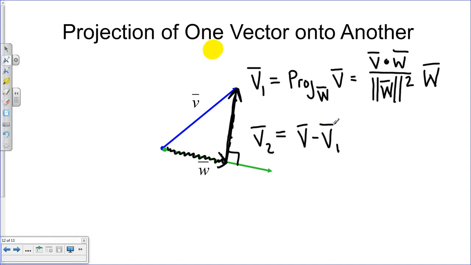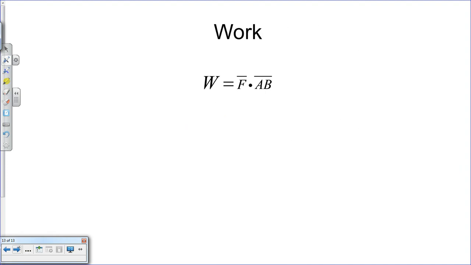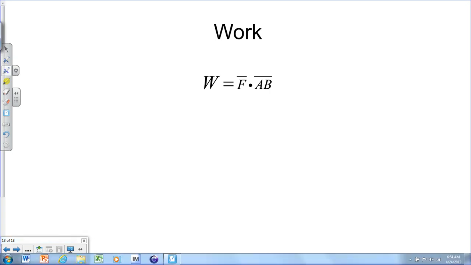Now, our last topic is work. Now, work is a concept in physics. It's a number in physics that represents changing the energy on an object. Okay? Again, this is going to feel very familiar to people in physics, but the way it fits in for us is work is a dot product. It's a dot product of a force vector.